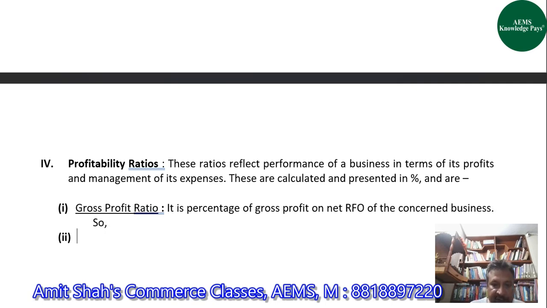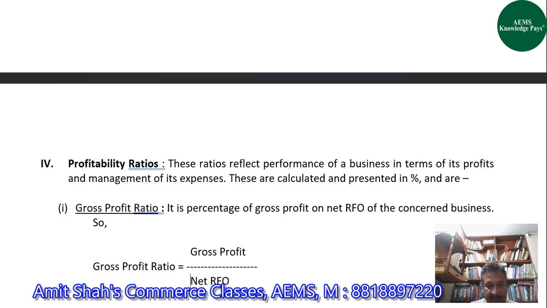So, gross profit ratio, guys, it is percentage of gross profit on net RFO of the concerned business. So, gross profit ratio is gross profit upon net RFO, means net sales, into 100.